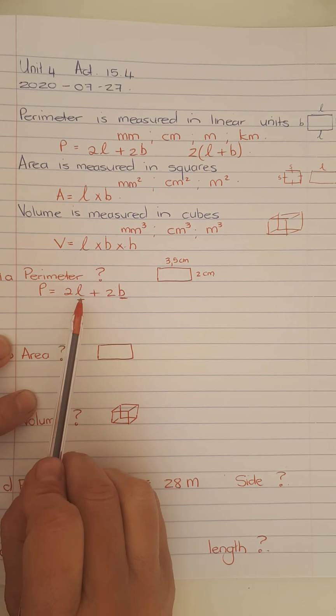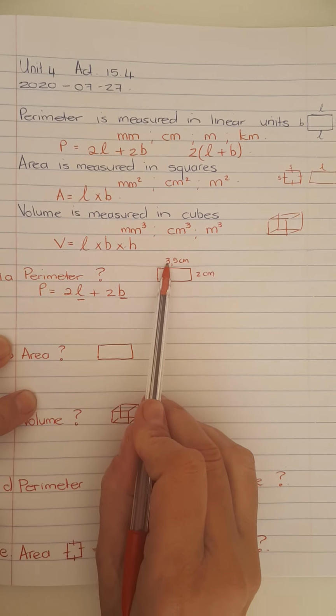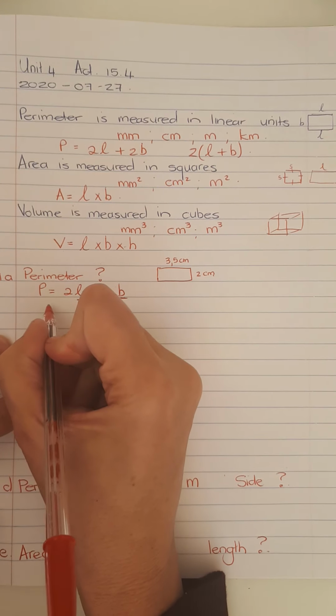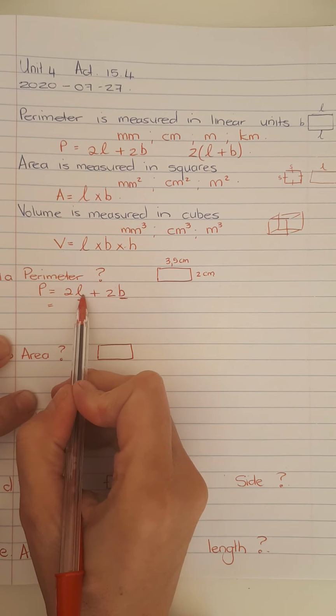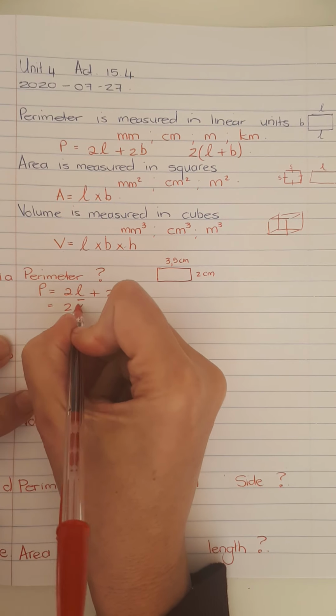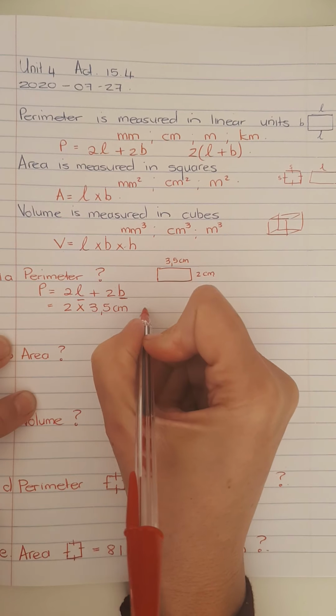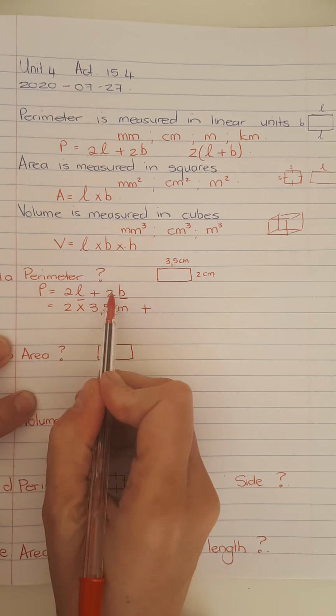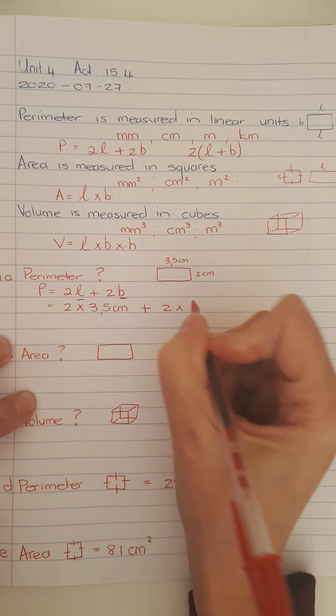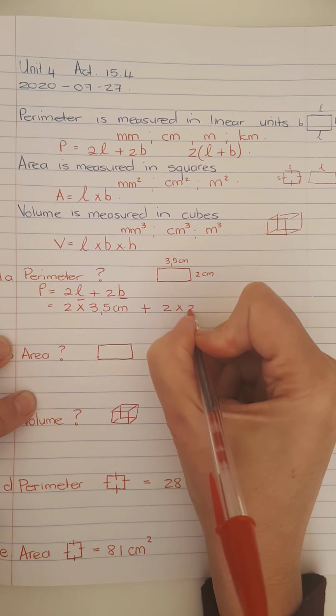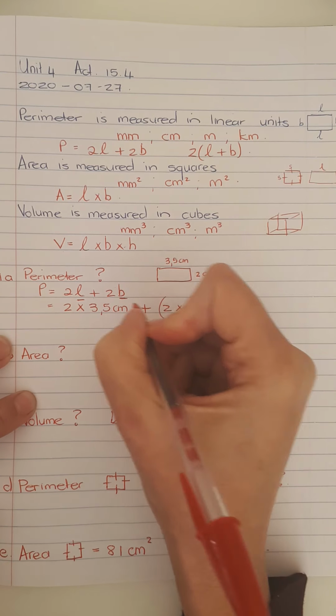So now I go and replace my length with the 3,5 centimeters. So the 2 next to the L is the same as 2 times 3,5 centimeters, plus, that's my plus, 2 times 2 centimeters. And then I just need to work that out.